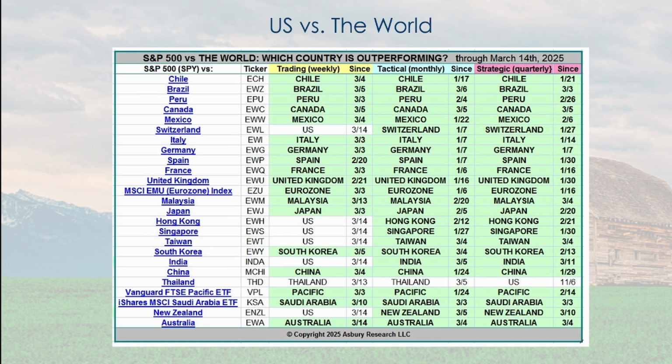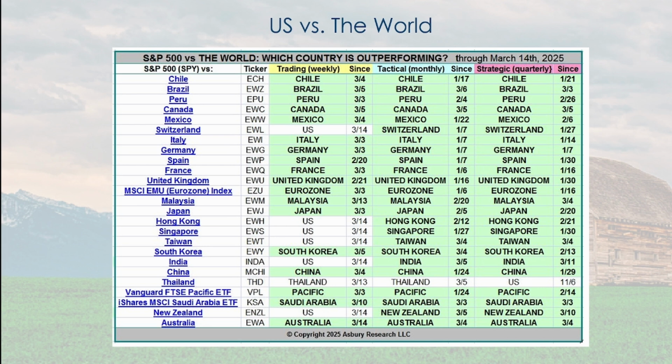And the U.S., because of what I'm covering, is not looking good from a stock market perspective. This ranks other countries and regions of the world. Many of them, most of them, are stronger than the U.S. The U.S. is not stronger than one of them for all three time periods.